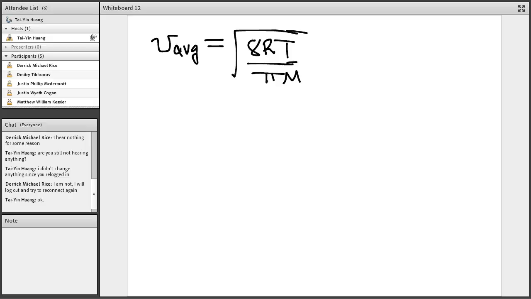And also we mentioned the v squared, the velocity squared, and you take the average. That is equal to 3RT over M. Okay, so this is v squared, and then you take the average.